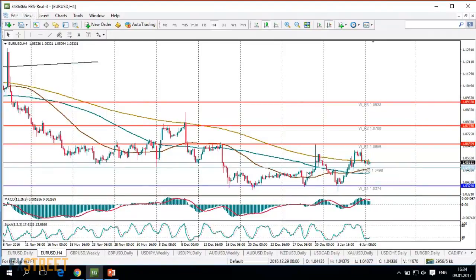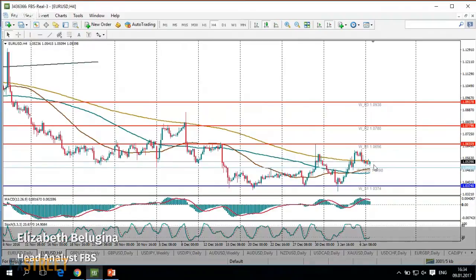Actually, we see that moving averages on the 4-hour chart are horizontal, and such state of events confirms the main suggestion that the pair will continue to fluctuate between 103.75 on the downside and 106.55 on the upside. So it is more of a range trading.